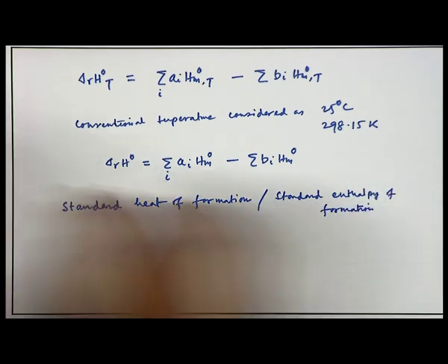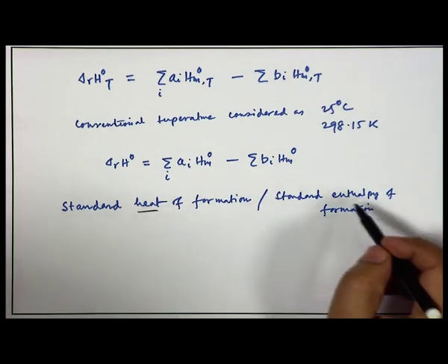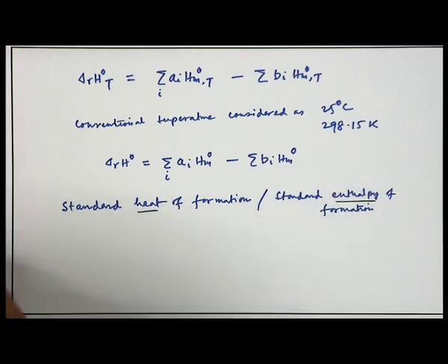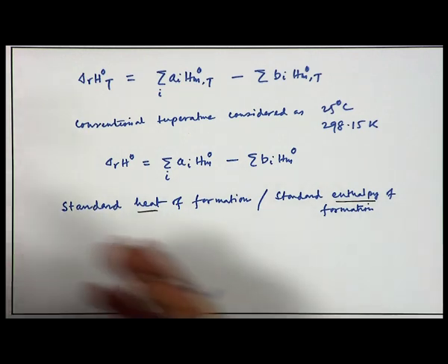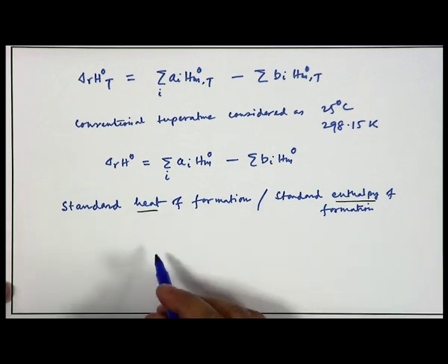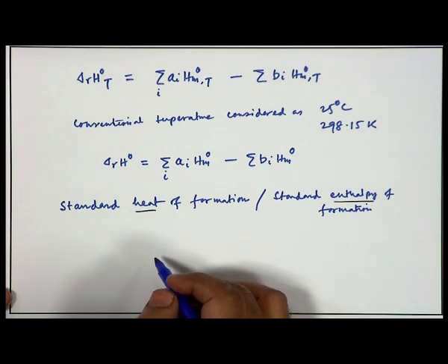You notice that standard heat of formation and enthalpy of formation are very frequently used interchangeably. So, you can call it standard heat of formation or enthalpy of formation, or standard heat of reaction or enthalpy of reaction. Heat and enthalpy are basically used synonymously in this case. So, you can use either of these two terms.